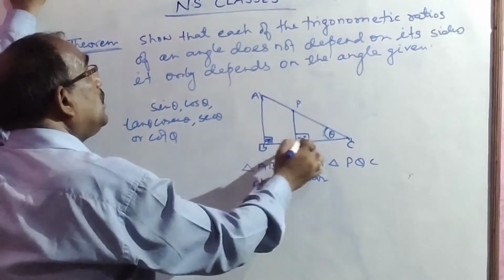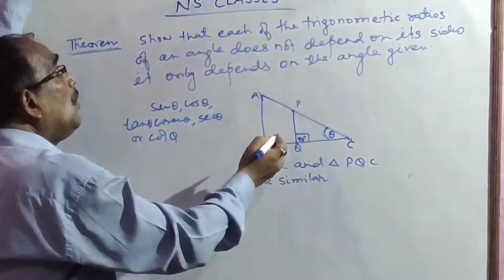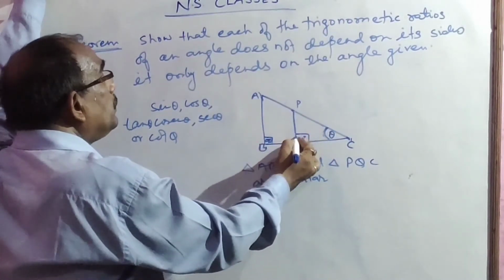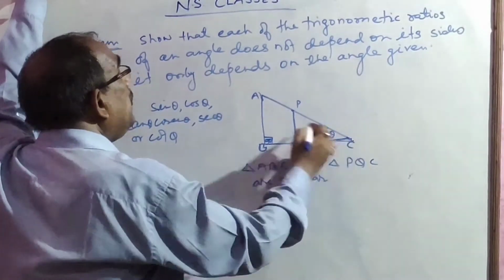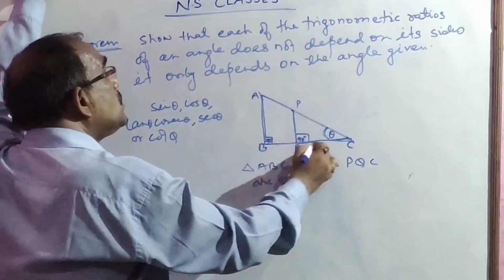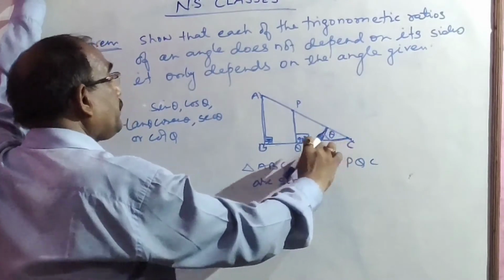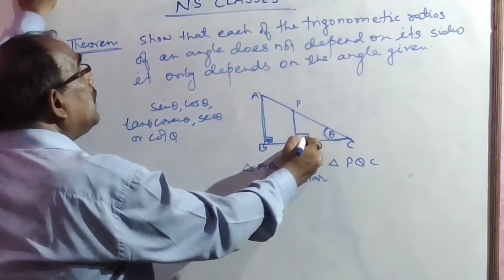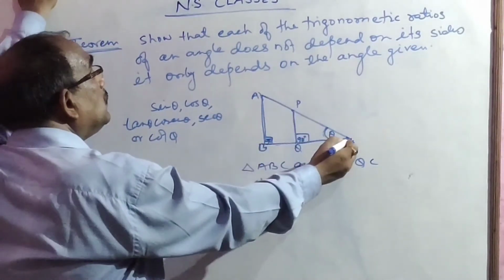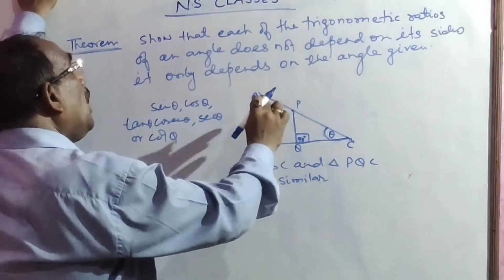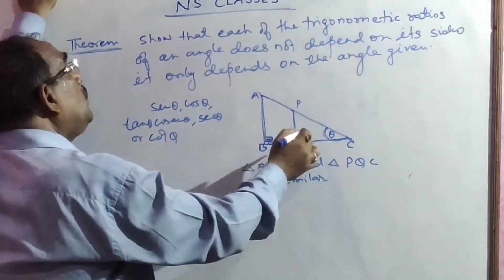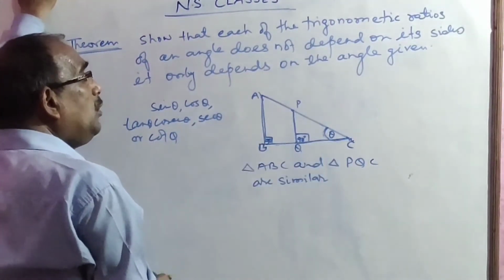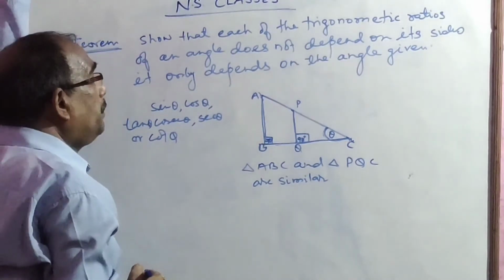So if two angles of a triangle are equal to the corresponding two angles of another triangle, then the two triangles are said to be similar.